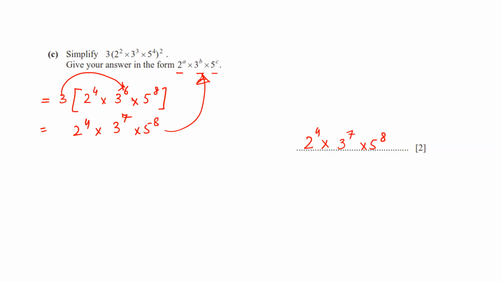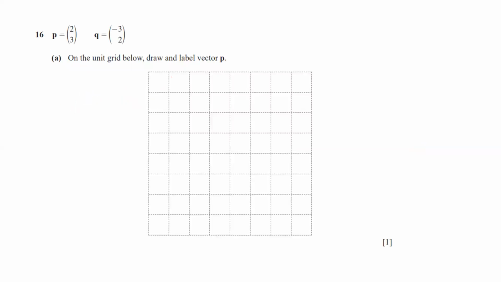Okay, so moving ahead, question number 16, part A: on the grid below, draw and label the vector P. So this is my vector P, and this is, for example, a grid. On this grid, say I make my axes like this. So this is say X, this is Y, this is my origin.